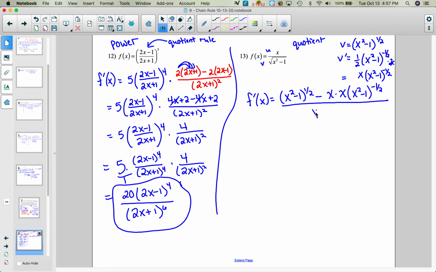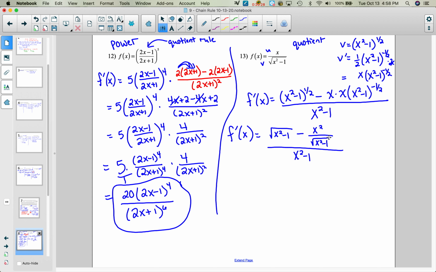If I square that, I just get x squared minus 1. Okay, so cleaning this up a little bit. I'm going to change this to the square root of x squared minus 1. And here we're going to have minus, and I'm going to write this as x squared over the square root of x squared minus 1. And then this whole thing is over x squared minus 1.